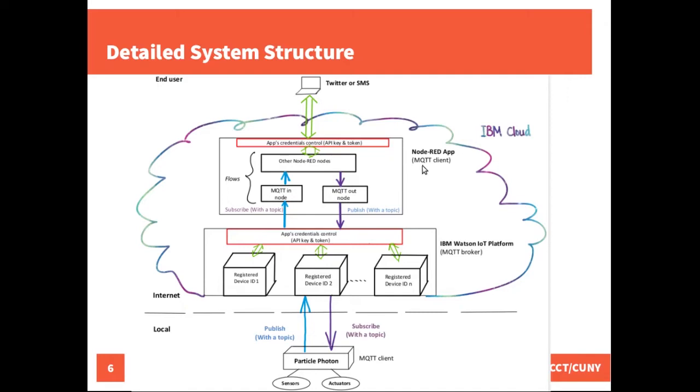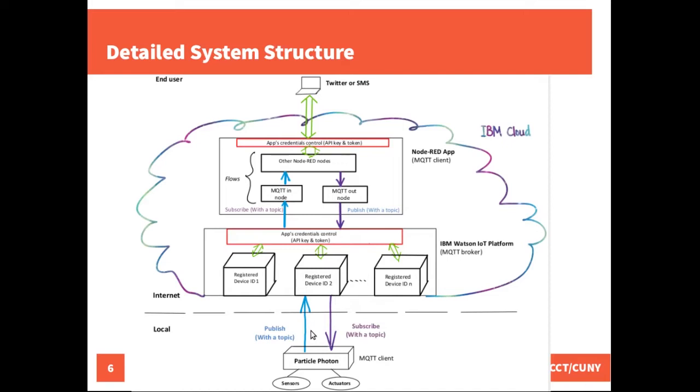Load rate and IBM Watson IoT platform are two different services running on IBM Cloud. The load rate app will be connected to IBM Watson IoT platform through the app's API key and authentication token. That's how all these three major components are linked together.